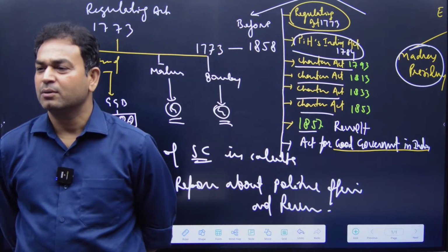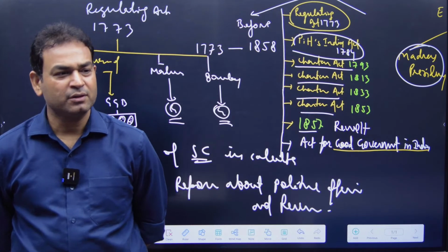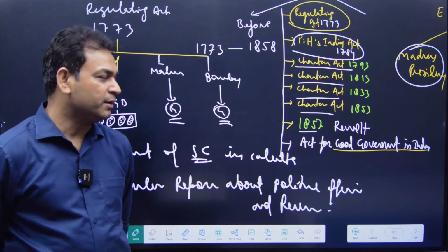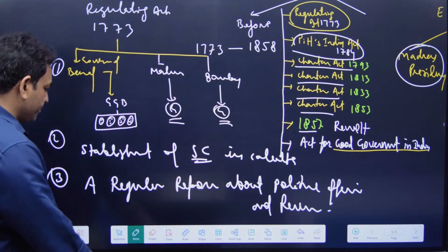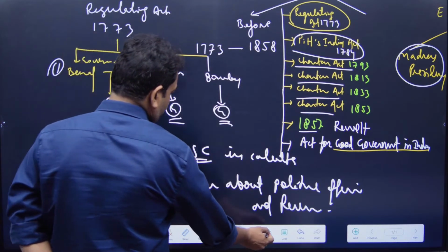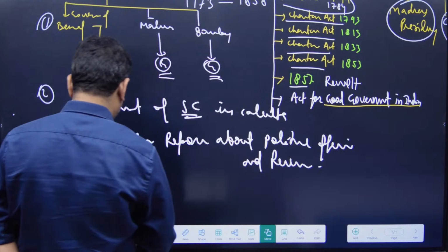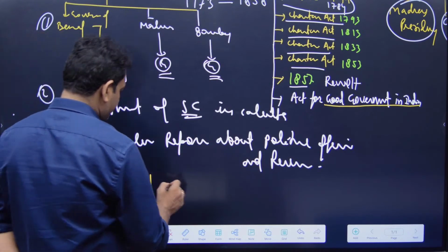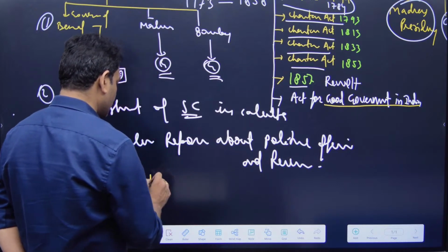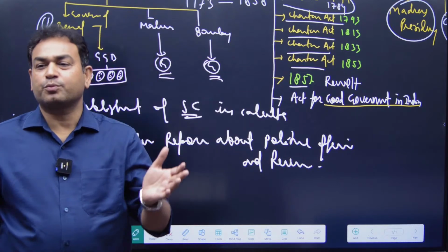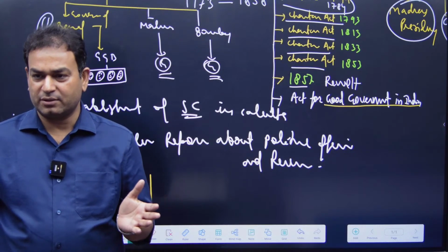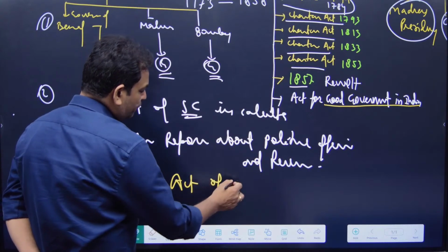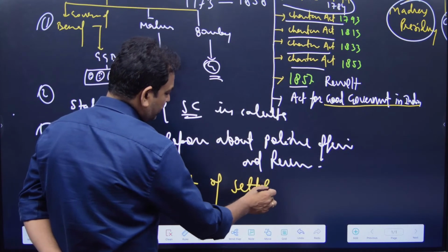It was a bone of contention between the Governor General and the Supreme Court. That's why in 1781 this problem was resolved, by removing this problem, the Act of Settlement. A law was passed, Act of Settlement.